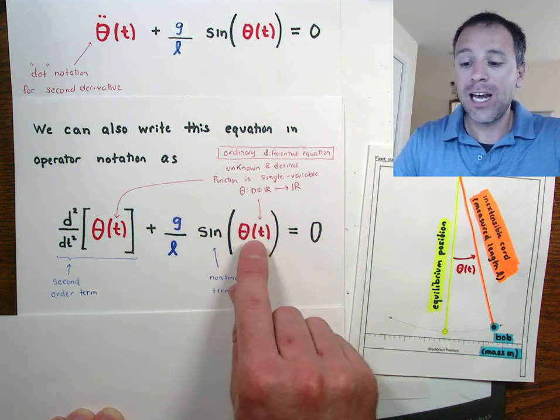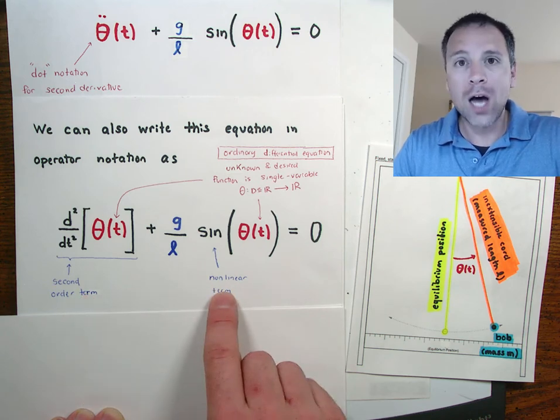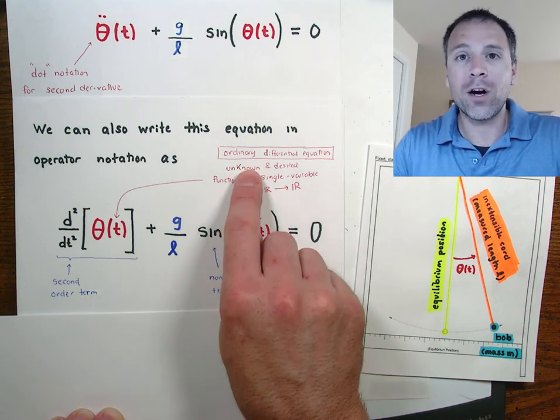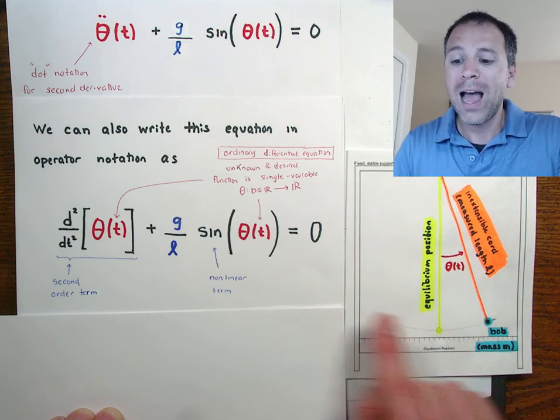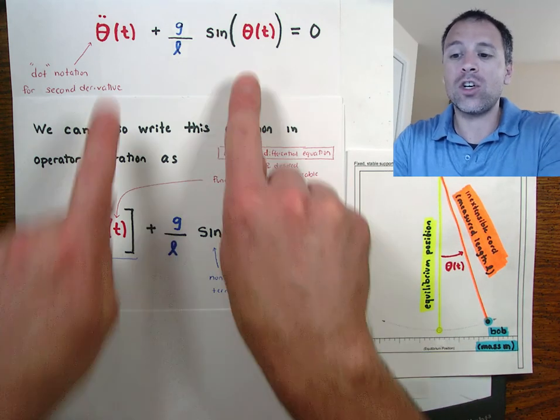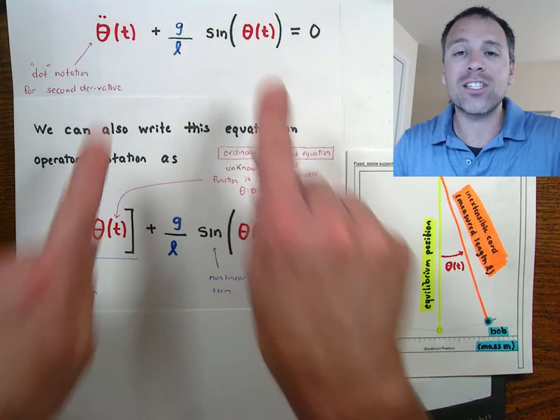When we see those things together, this is a second order, nonlinear, ordinary differential equation that describes the motion of the pendulum. The unknown and desired term in this differential equation is a function theta of t that describes this motion.